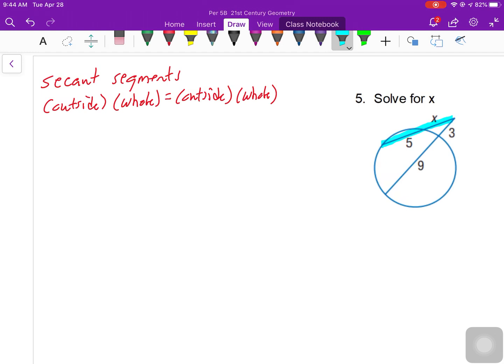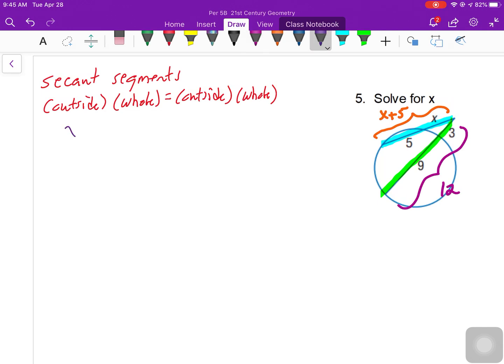And I encouraged you to label the outside, or the whole length on each of the segments. So for example, on this top one, which I've highlighted in blue, the whole length there would be if we add those two together, x plus 5. On the bottom one, which I'm highlighting in green here, the whole length would be 9 plus 3, which is 12.